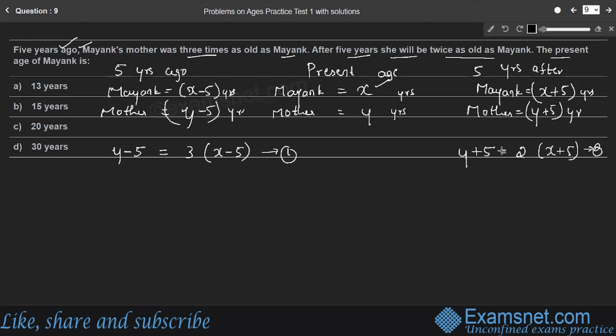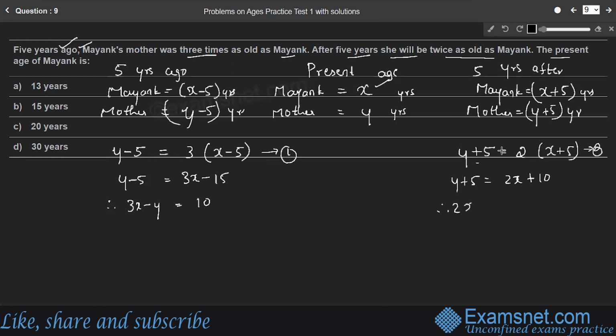We'll solve this, right? So here, y minus 5 is equal to 3x minus 15. So we can write 3x minus y is equal to 10, right? Now solve the second equation. y plus 5 is equal to 2x plus 10.